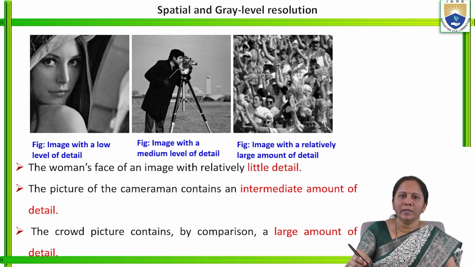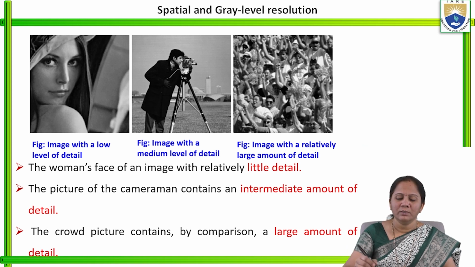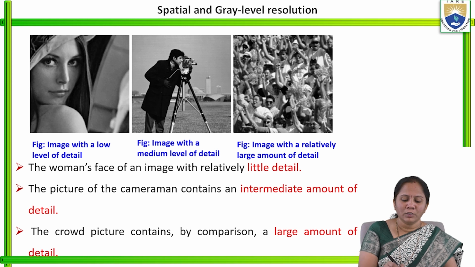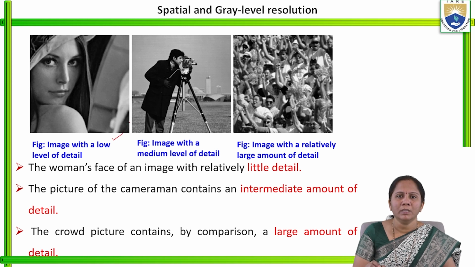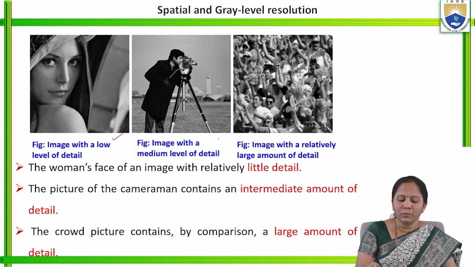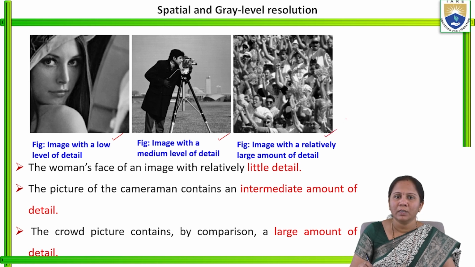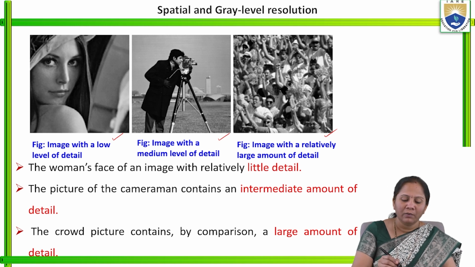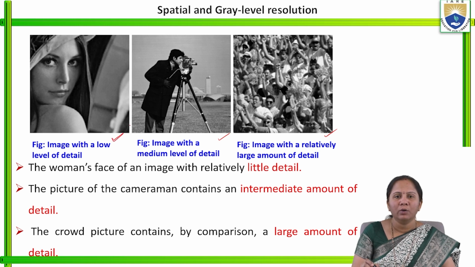Now, here we can observe three figures. The first one is the woman's face, the second is the cameraman, and the third image consists of a crowd. Out of these three images, we have to observe the details in an image, that means the amount of content present in an image. For example, if we consider this woman's face, there is very little detail.